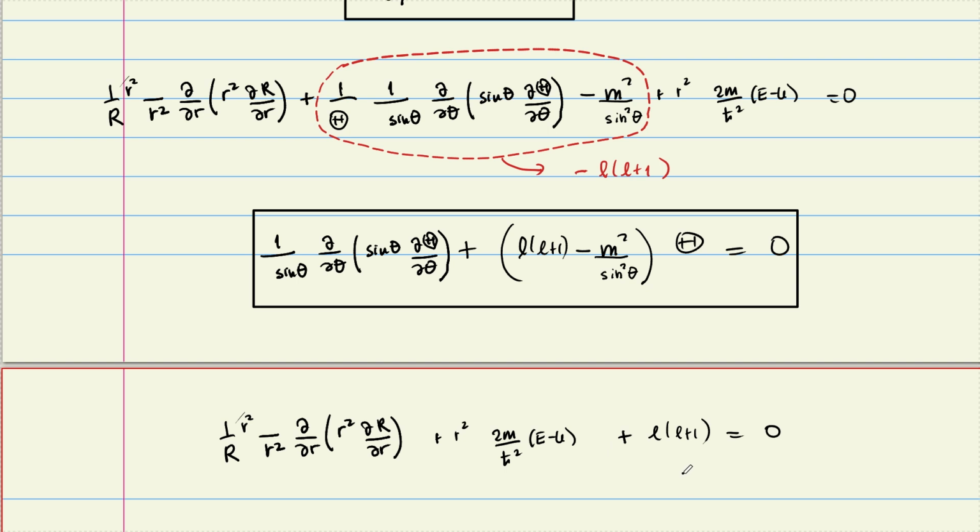And I think I also want to divide by r squared. So this is r squared, r squared, r squared. And now I can take this parenthesis and write it as an equation for r. And this one is gone. And this is my third equation.